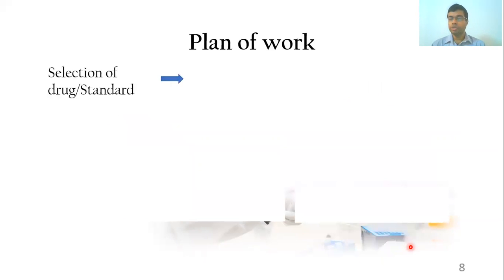Okay, so let's look at our plan. First of all, we have to select the drug standard. Now we have the drugs, we have identified them, AC and MH. Then we need to get the standard. Once we choose the standard, we need to find the suitable solvent to dissolve our drug.